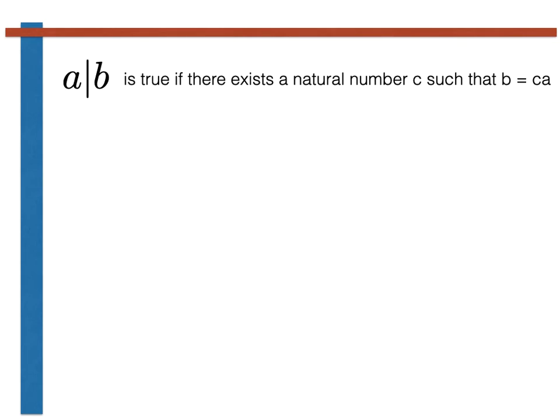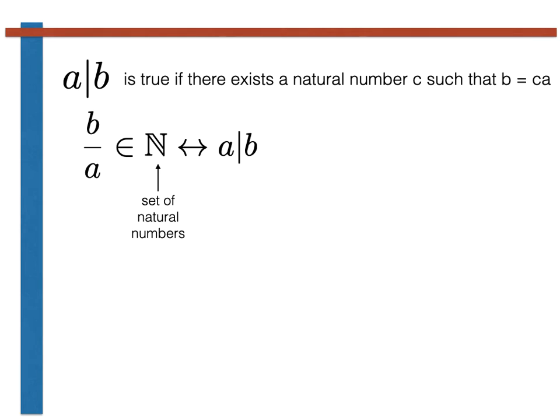We say that the proposition A divides B is true if there exists a natural number C such that B equals C times A. If we want to express this idea symbolically, we might write the proposition shown here, which we read as B divided by A is in the set of natural numbers if and only if A divides B. Notice again that we have two propositions: B divided by A is in the set of natural numbers, and A divides B. We also have a binary operator, the biconditional, that relates them, which tells us that the truth value of the second proposition is always the same as the truth value of the first proposition.